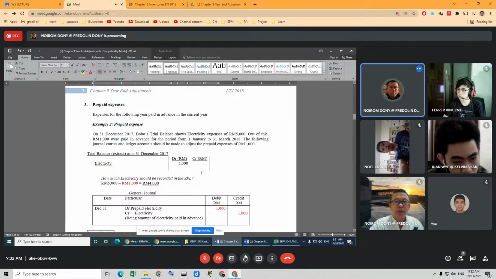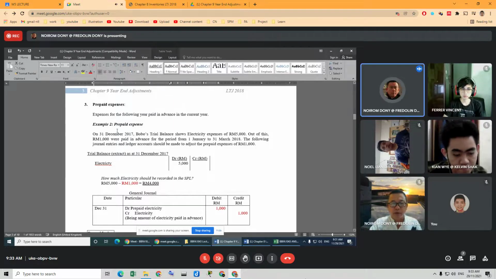So I proceed. Next one is prepaid expenses. Understand the meaning first. Prepaid expenses are expenses for the following accounting period, but paid in advance during the current year. Meaning expenses that are not consumed yet, but already paid in advance.